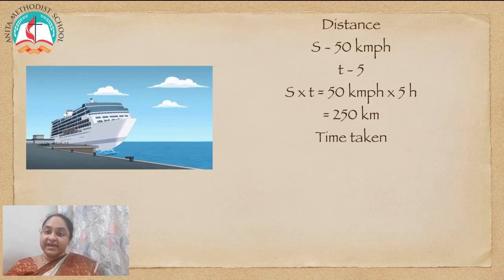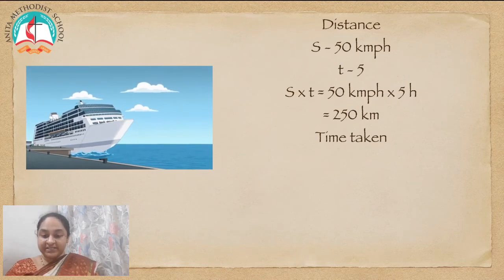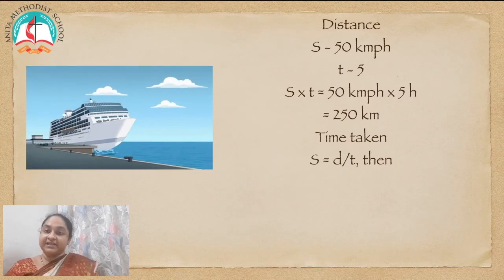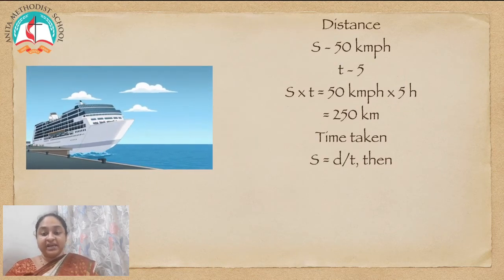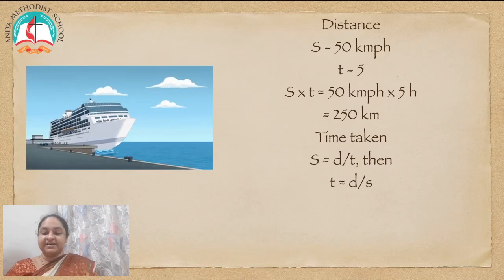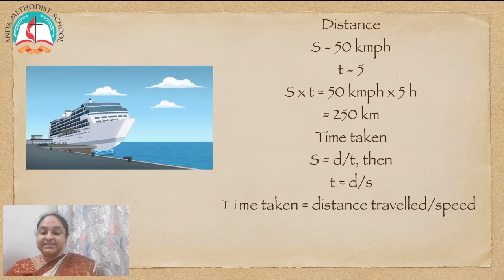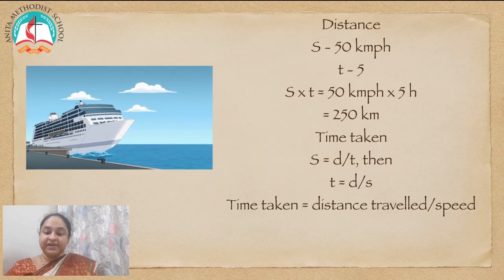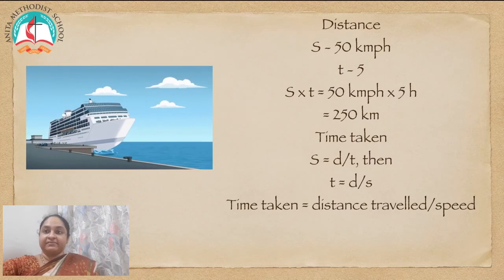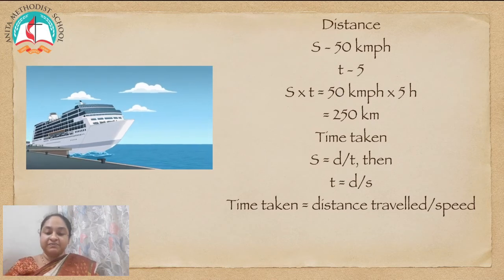So, if we know the speed and distance traveled, we can compute the time taken. If S is equal to d by t, then t is equal to d by S. Time taken is equal to distance traveled by speed. And then look at this bus.